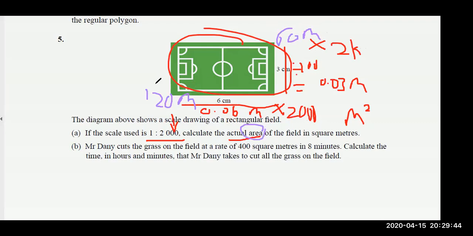So you multiply these two. So 120 multiply 60, the answer is 7200 square meters, right? So make sure you use the correct unit.